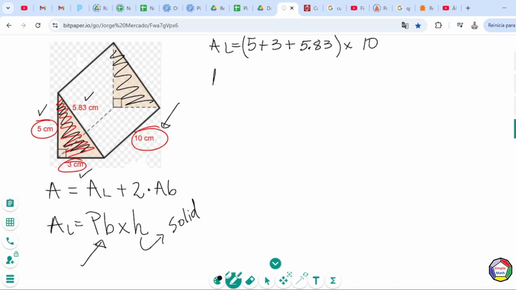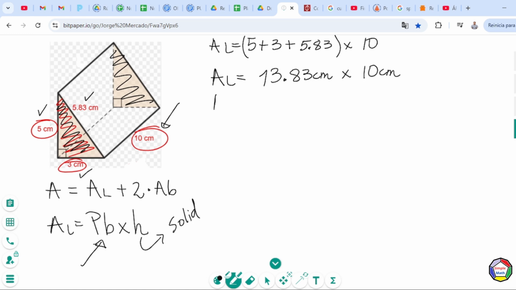Okay? So the lateral area is equal to 5 plus 3 is 8. 8 plus 5.83 is equal to 13.83. So this is 13.83 centimeters times 10 centimeters.